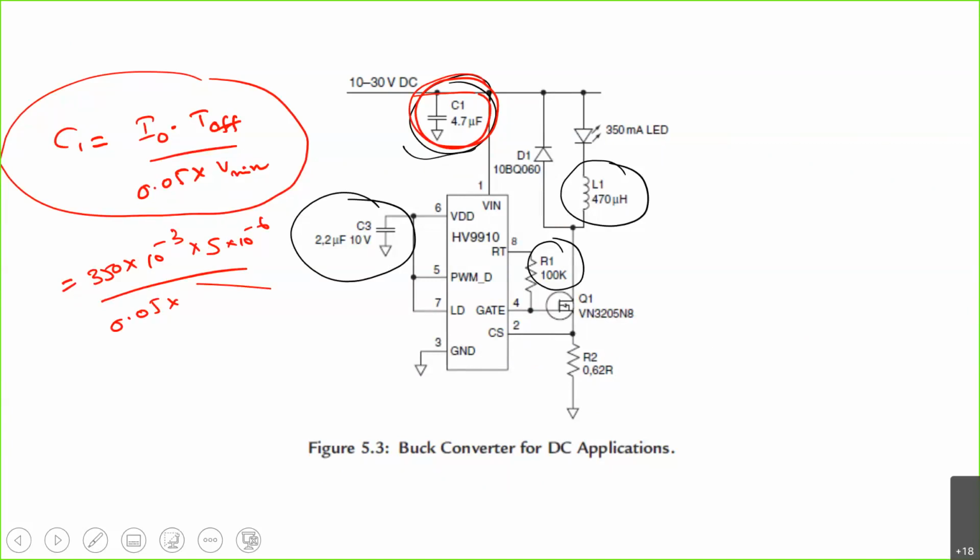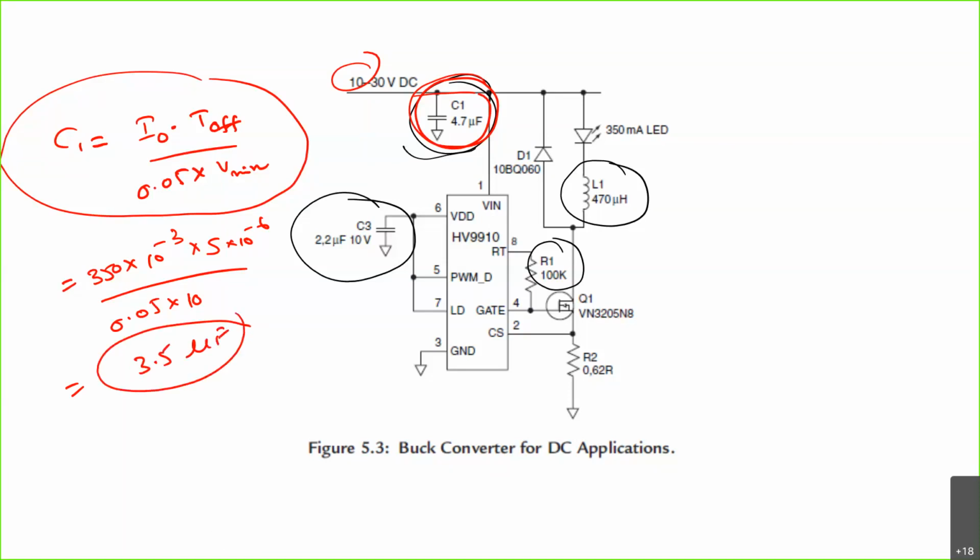It is 10 volts. So for that, you need to calculate the input side filter. How much is it? 3.5 microfarad.